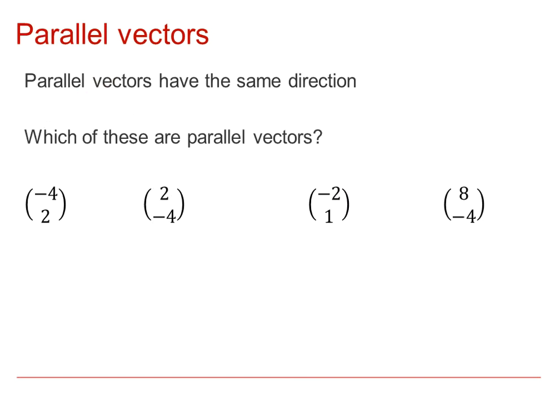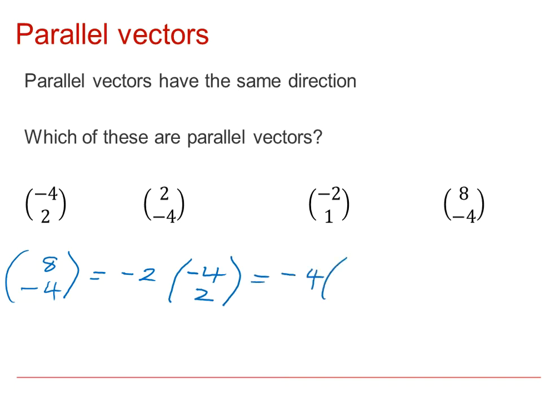Parallel vectors have the same direction. So in other words, vectors will be multiples of each other, just as we looked at with the B and then 2B in an earlier slide. So if we were to ask which of these are parallel vectors, we're looking to see which of them are multiples of the other. Considering (8, -4), we can see that that's minus 2 of (-4, 2), and is also equal to minus 4 of (-2, 1).